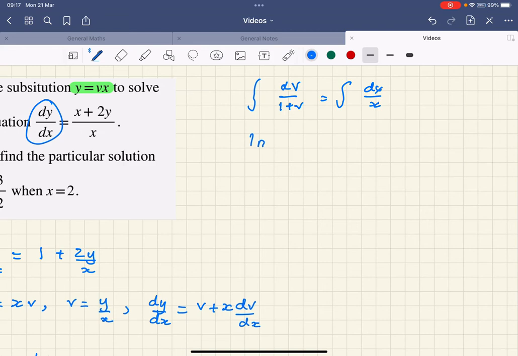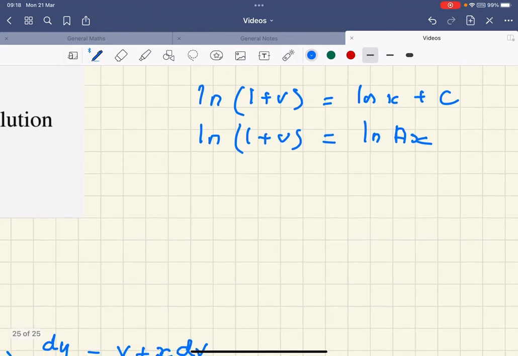Integrating through, natural log of 1 plus v equals natural log of x plus c. I'm going to make that c log a, and then I can combine it to make it natural log of ax.